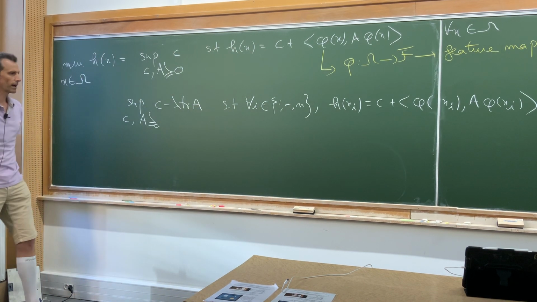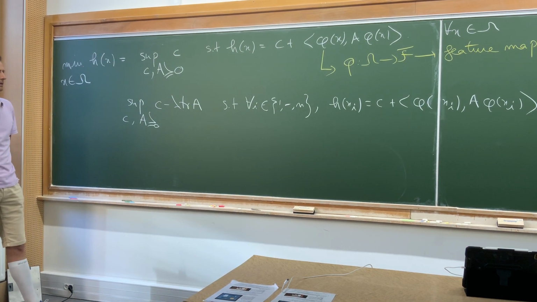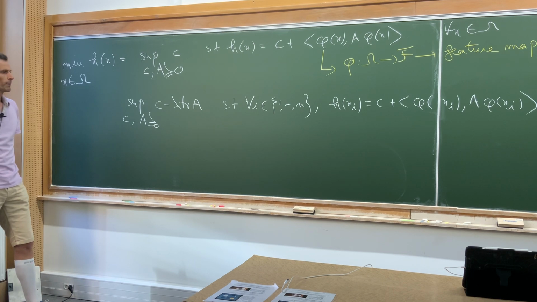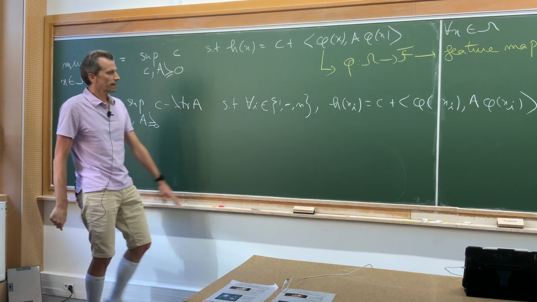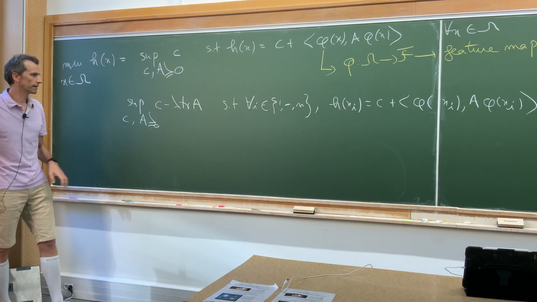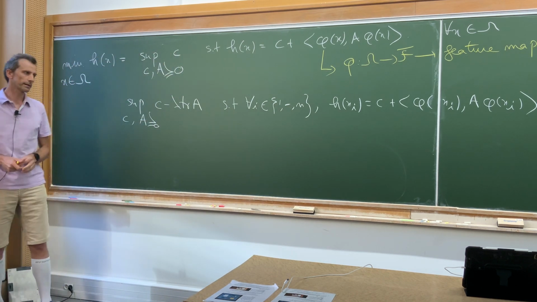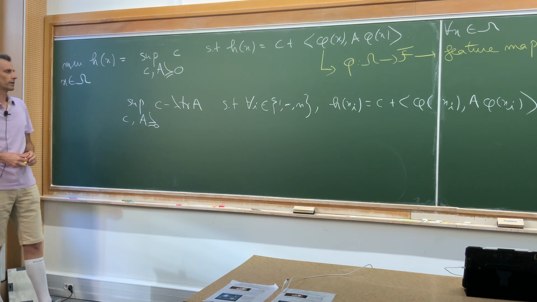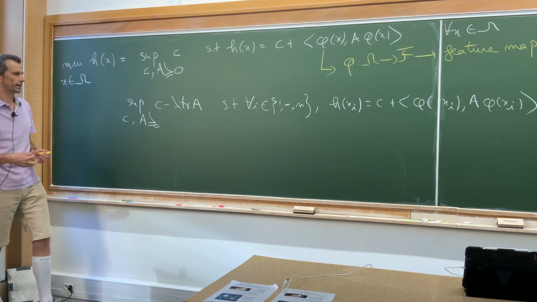One of the goals that we had with Alessandro Rudi and Ulysse Marteau-Ferret. So we access h through function values, only n of them, and the hope is that with a proper regularization, things work out fine.